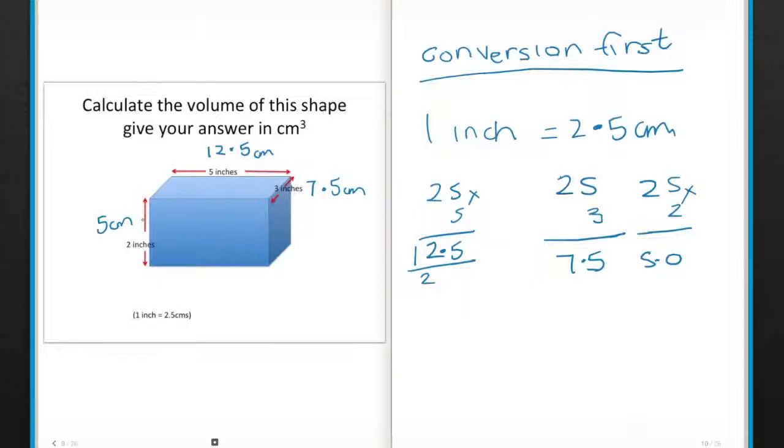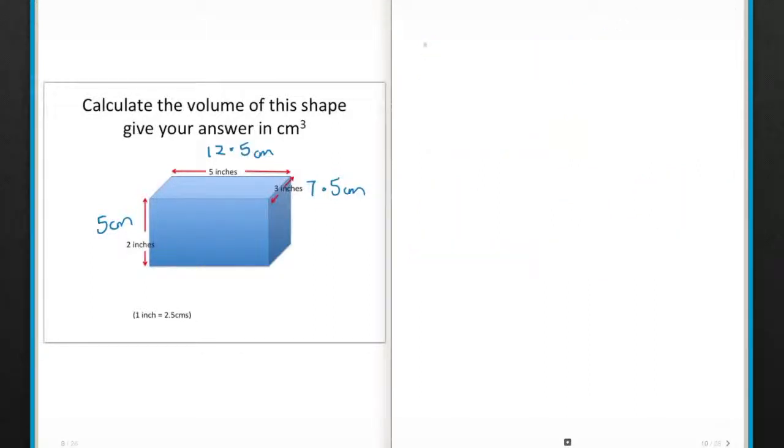The first one I'm going to do is 5 times 125. So let's clear the book. Give us some space. 125 times 5. 5 5s are 25. 5 2s are 10, 11, 12. 5 1s are 5.